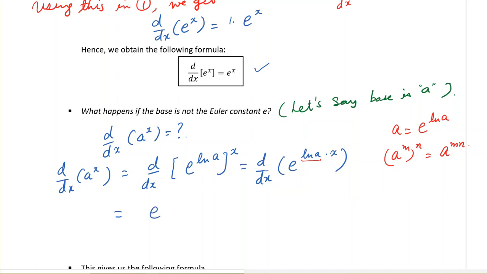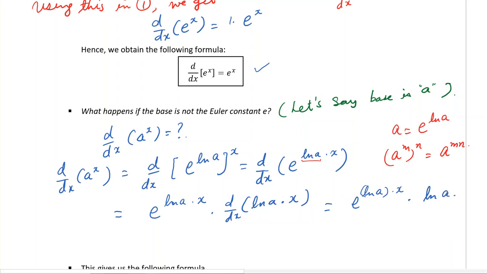So it will become e raised to power ln a times x, and by chain rule we again need to take the derivative of whatever is the power, because it's different than x. So we got e raised to power ln a times x, and times ln a.